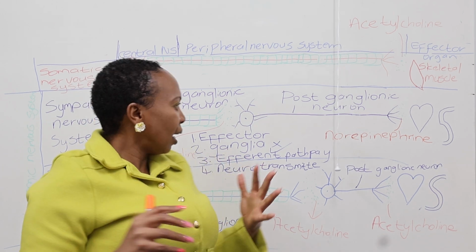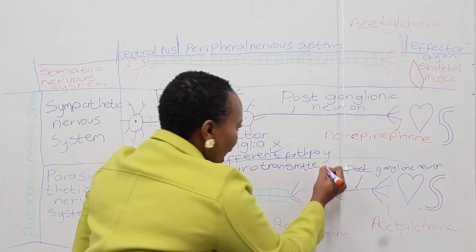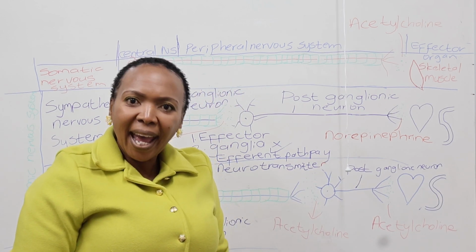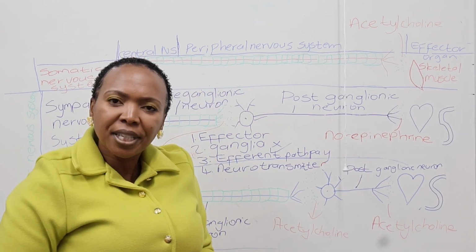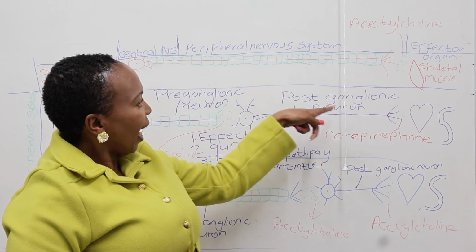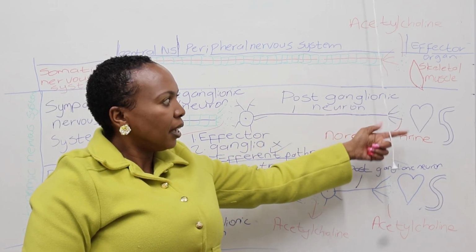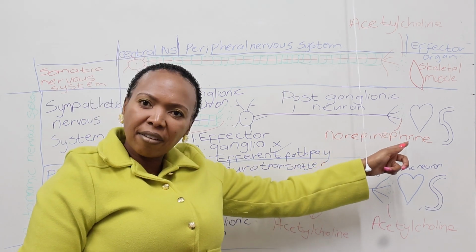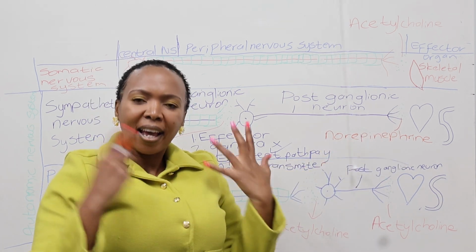Neurotransmitters, acetylcholine is released everywhere except in the sympathetic nervous system at the postganglionic neuron just before the effector organ, where it is norepinephrine. So that is the difference.